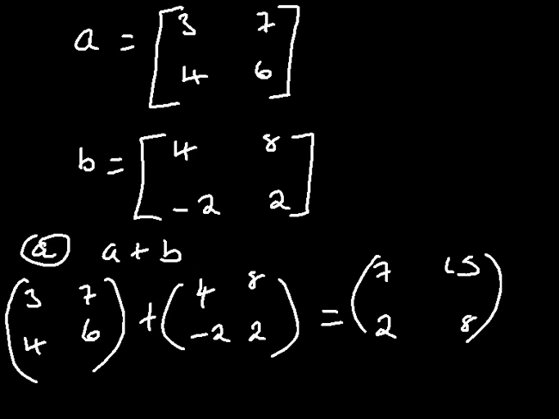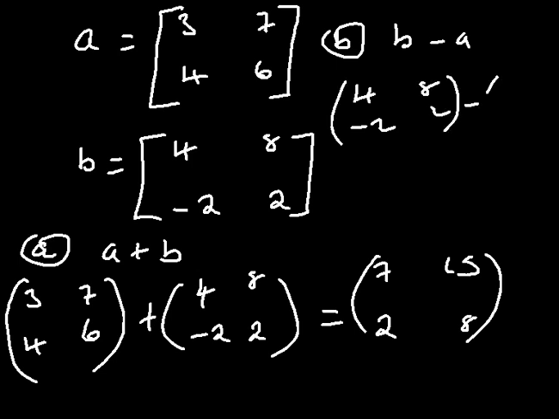And likewise, we are looking for the subtraction of, let's say, B minus A. So we'll have the matrix B, that is 4, negative 2, 8, 2, minus 3, 4, 7, 6.